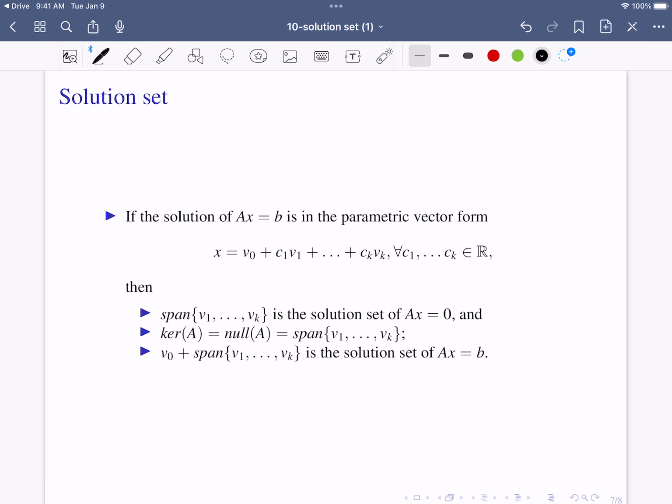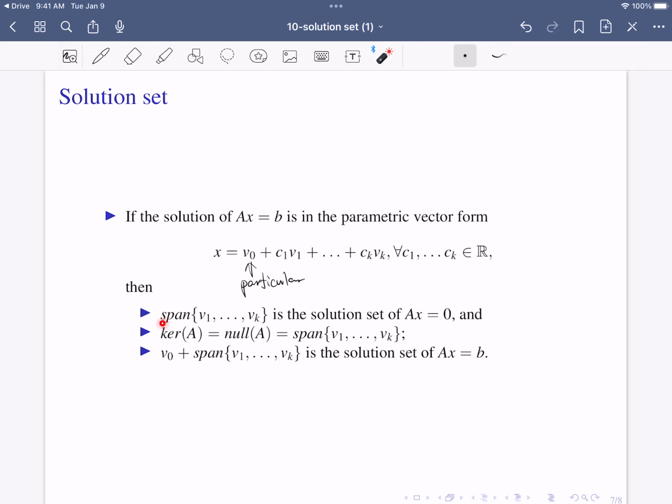All right, here's a conclusion. If the solution of AX equals B is in parametric vector form, which is X equals a particular solution plus a linear combination of V1, V2, up to Vk, then this particular solution solves, of course, AX equals B. But any vector multiplied by free variables will solve the homogeneous equation.